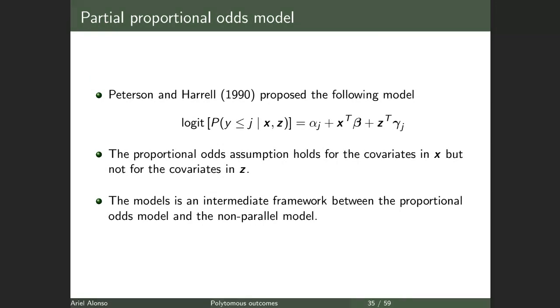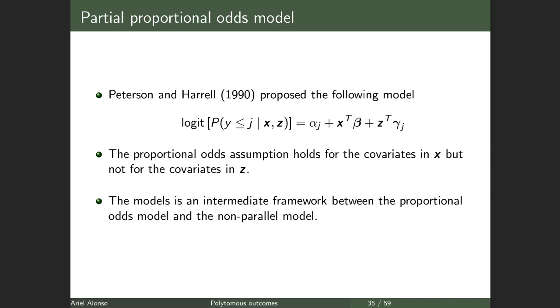Now, there is something in between, called the partial proportional odds model, proposed by Harrell in 1990. This model can be written in this way. As you can see, the proportional odds assumption holds for the covariates X, but does not hold for the covariate set. So here you have some kind of in-between situation.